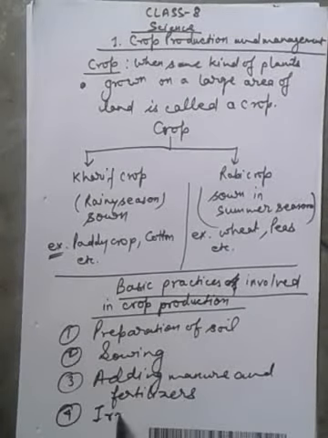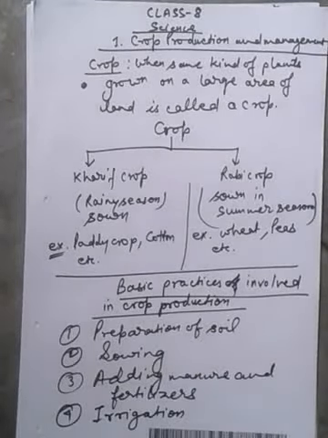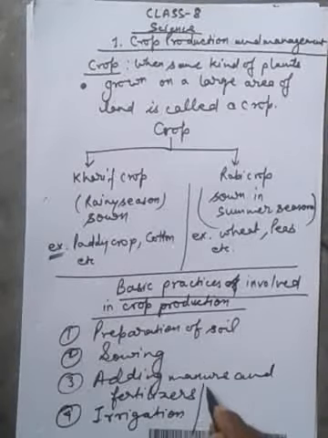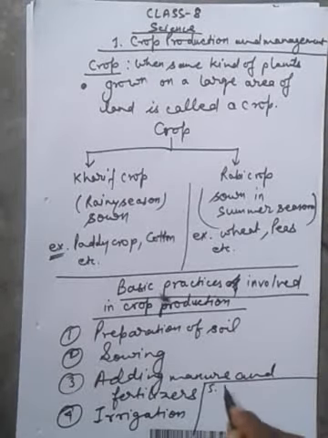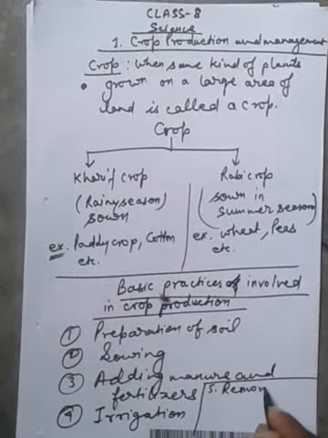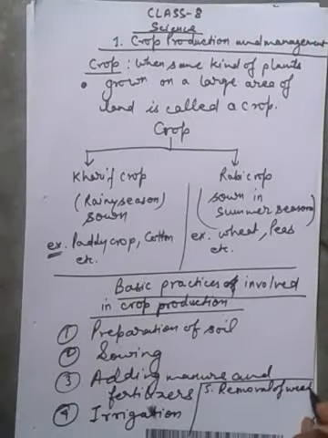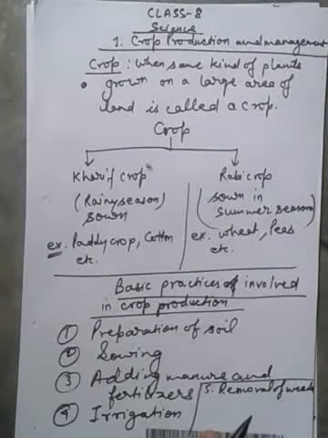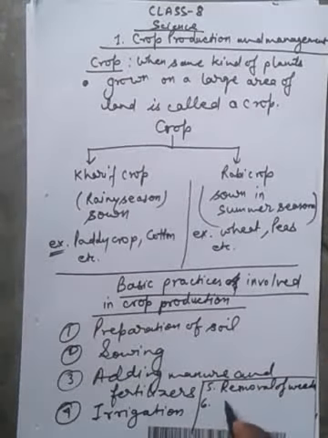Then irrigation, how irrigation can be done in the crop field. Some practices are removal of weeds. Weeds means unwanted plants which grow along with our desired crop. The sixth one is harvesting.